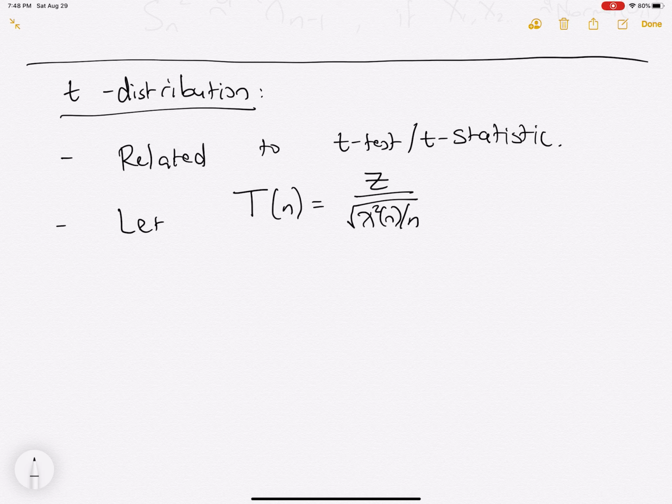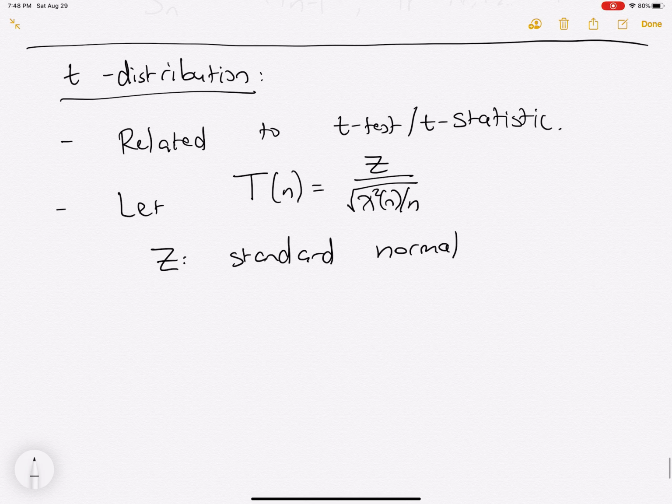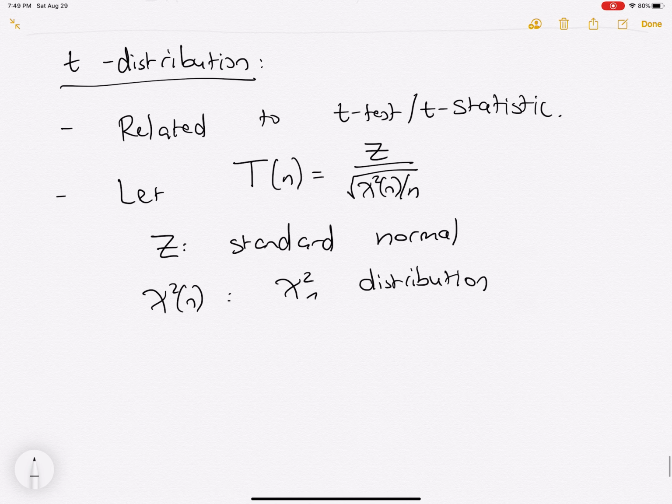Here, Z is a standard normal, and then a chi-squared n distribution, and Z and chi-squared of n are independent.